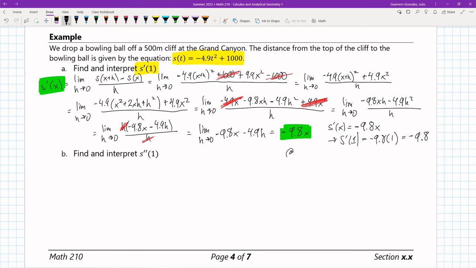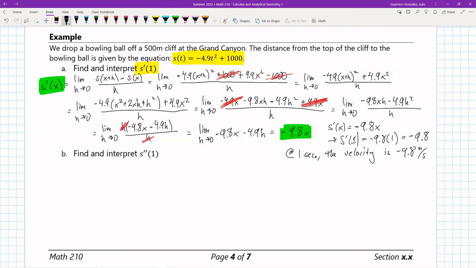So at 1 second, the velocity is negative 9.8 meters per second. This doesn't change anything that we learned from before, absolutely nothing.